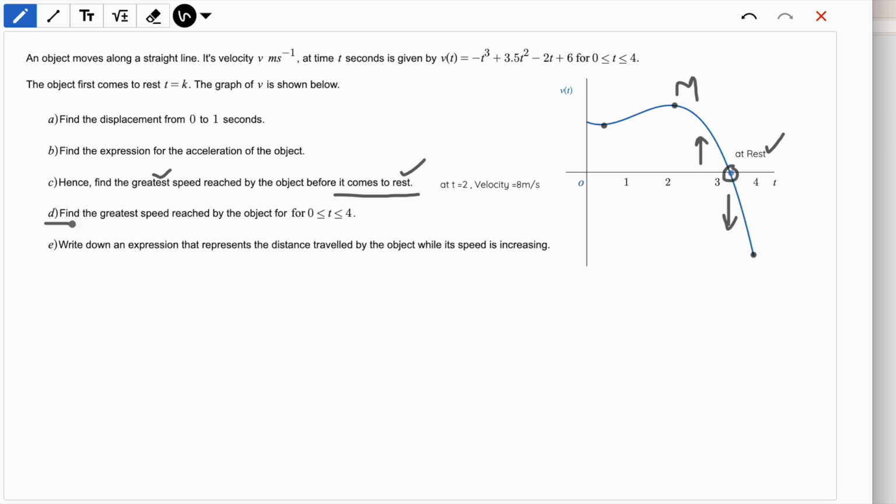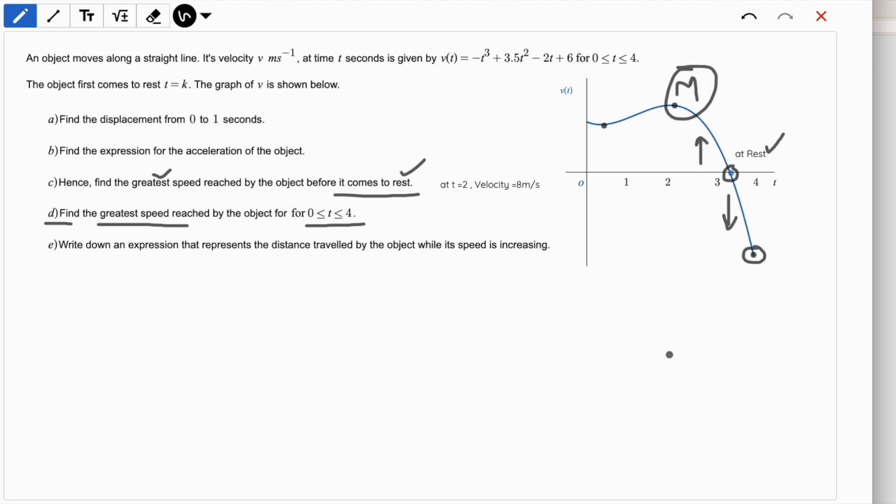So let's find out the next part as well so that we can quickly finish this. Now part D, find the greatest speed reached by the object for the interval 0 to 4. Now they're not looking only from 0 to 3.4 something, the time when it came to rest, but overall. As you can see, the graph is going up and then going down as well. I'm sure this is the maxima, the highest velocity in a positive direction, but this could also be the maximum value in the opposite direction.